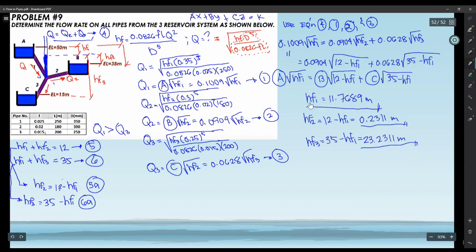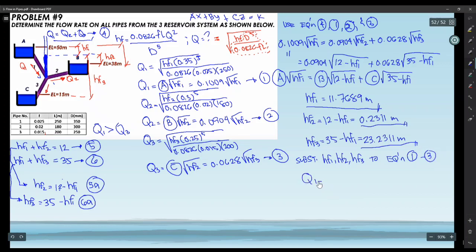Ayan. So ano bang pinapahanap? Flow rate. So okay lang yan. Since may mga HF1 tayo, head loss in 2, and head loss in 3, i-substitute niyo lang siya dito sa equation natin na 1, 2, 3. So substitute HF1, HF2, HF3 to equation 1 to 3.